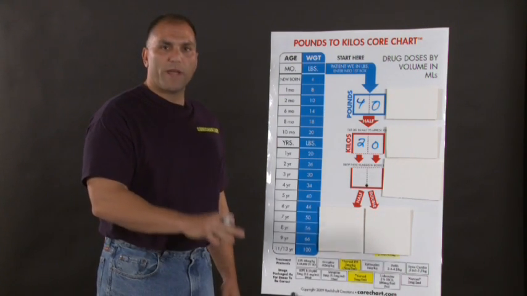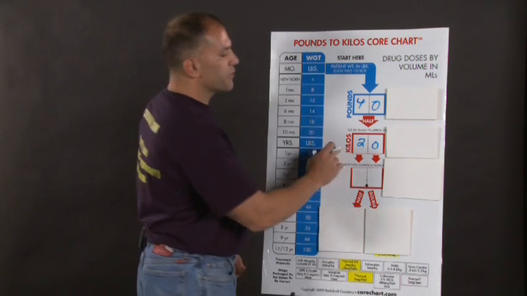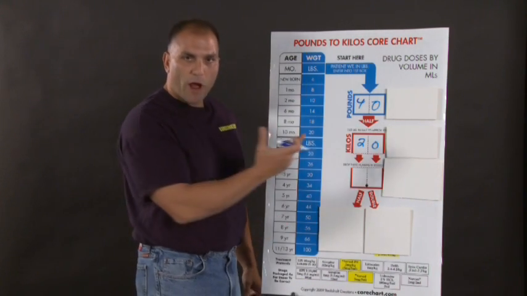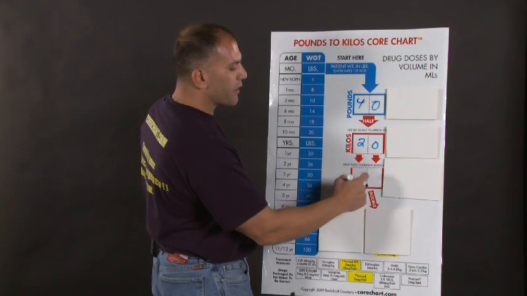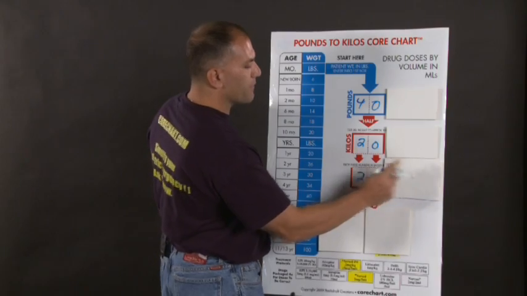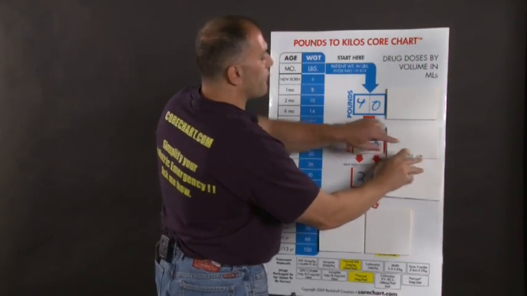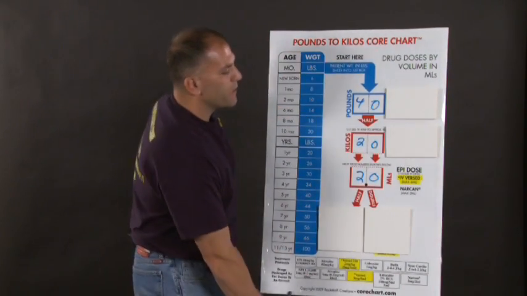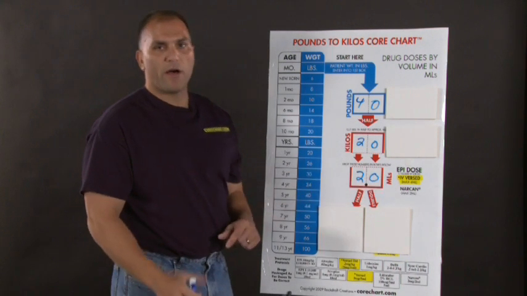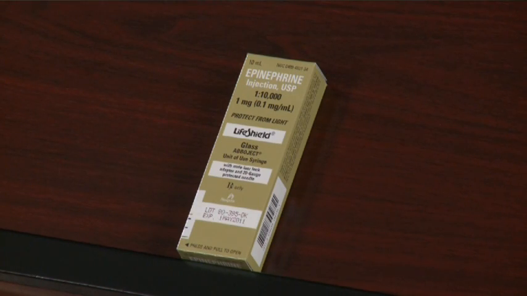The easiest way to get your epi dose is just to use your kilo number, drop them down into the next box, and your decimal point is placed there, and you will have your epi dose at 2 mLs out of a standard Corechart Bristojet packaged drug of epi.